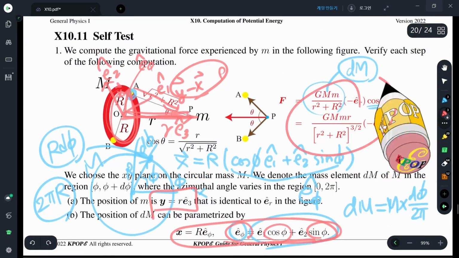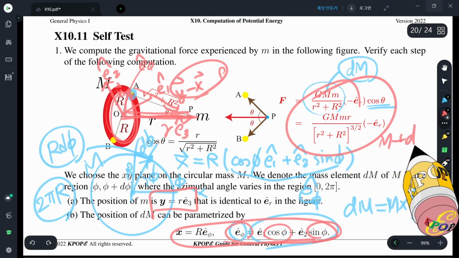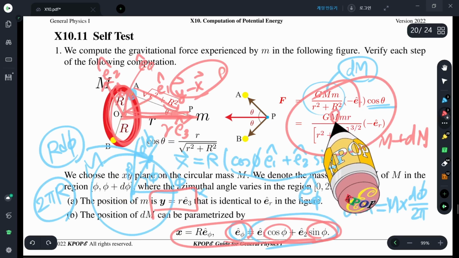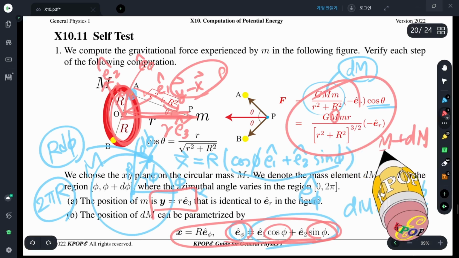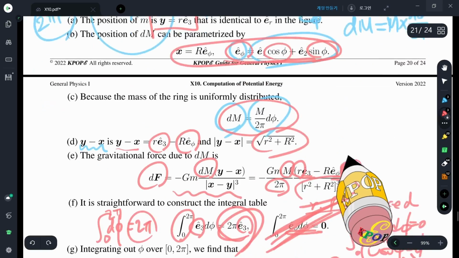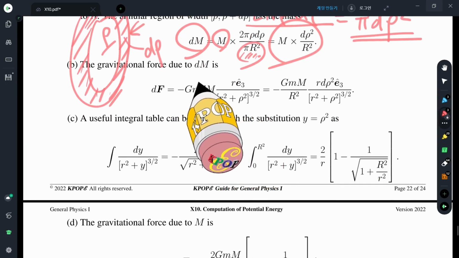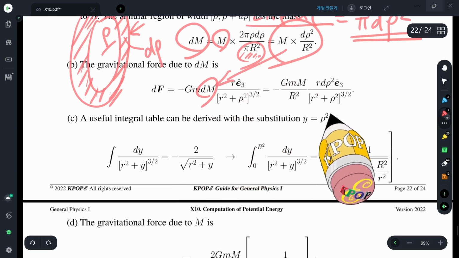For this one, we just replace this m with dm because it is a thin ring. Anything else I can copy from the result, and substitute dm.